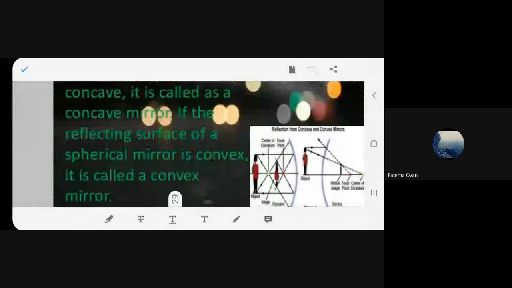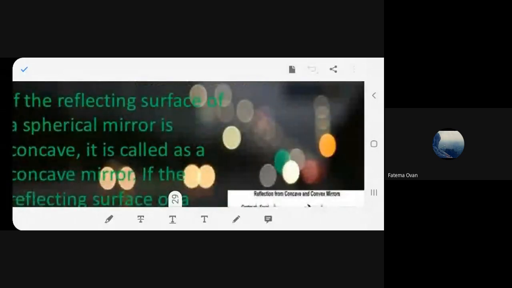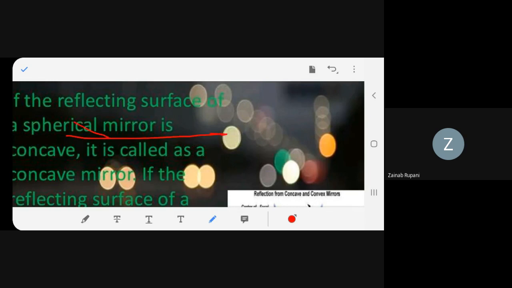Fine. So how many mirrors do we have, beta? Two: concave and convex. Plane mirrors we have finished. Now we are having spherical mirrors. We are having bent mirrors. That plane mirror was straight, remember? Like this it was a plane mirror.